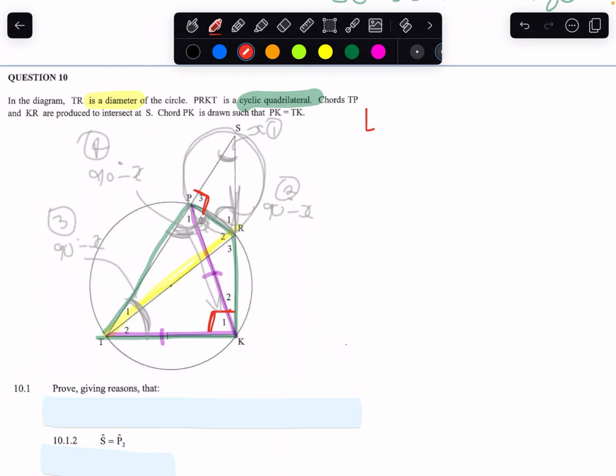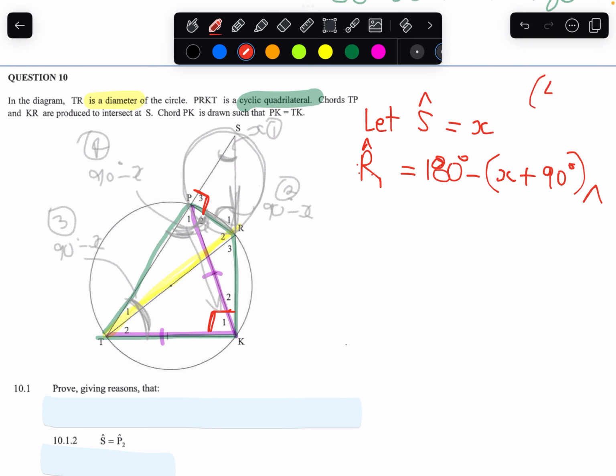So let S be x. So then R1 will be equal to 180 degrees minus x and 90, right? And that's because angle sum of triangle PRS.